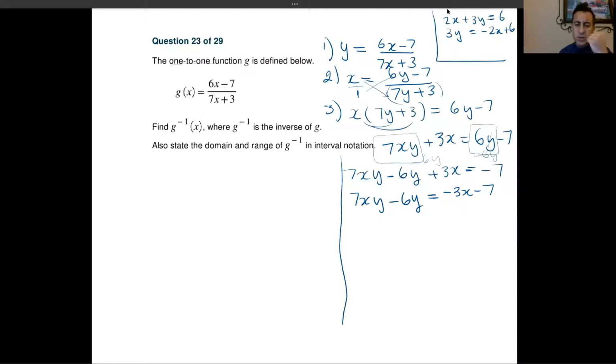So this example requires a few things, unlike the other ones. We still don't have y by itself. These are not like terms, so you can't just say 7 minus 6, because there is an x there. But y is common, so we can factor out the GCF, or greatest common factor. In this case, it's just y.